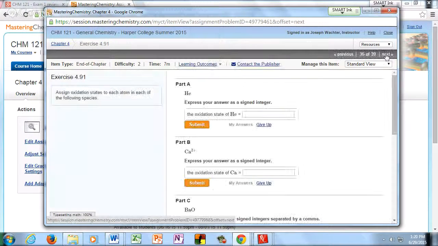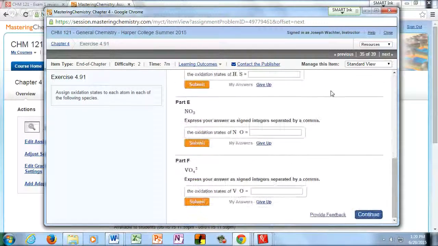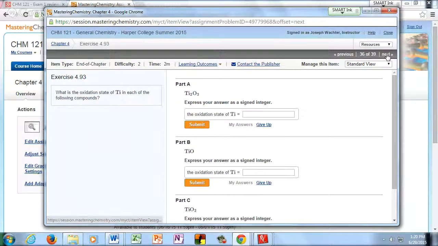So what else do we got? Some oxidation states, we can do that. We did that today.